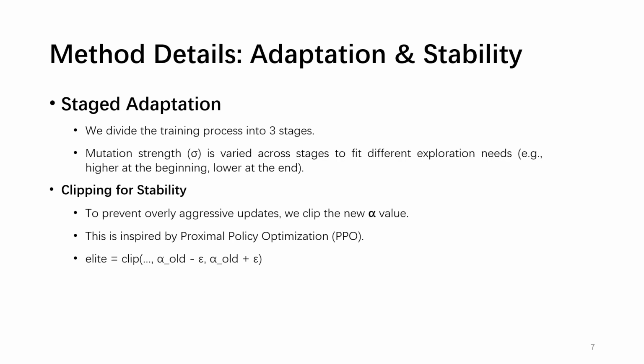The mutation strength sigma is varied across these stages. It's set higher at the beginning to encourage bolder exploration of alpha values, and lower at the end to fine-tune the parameter.